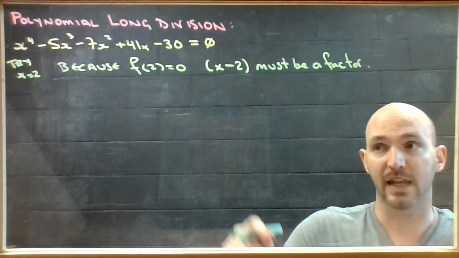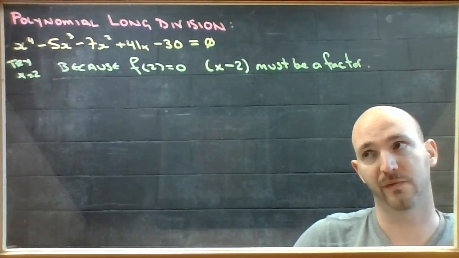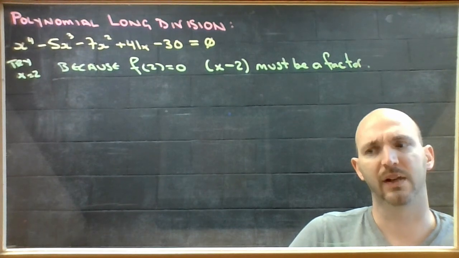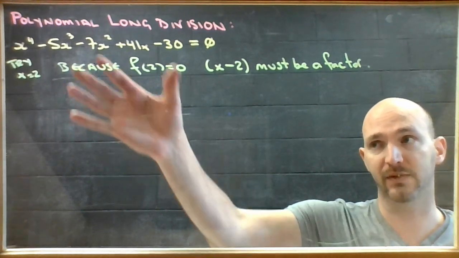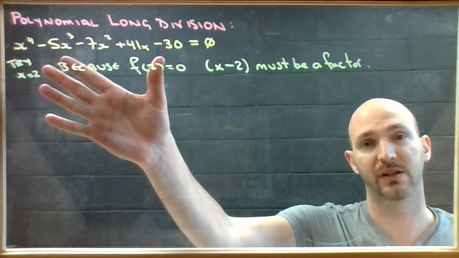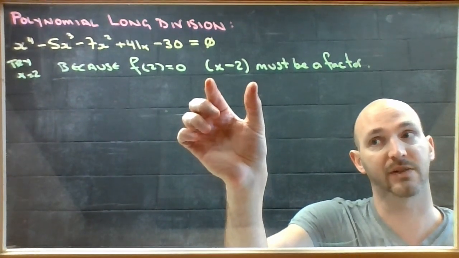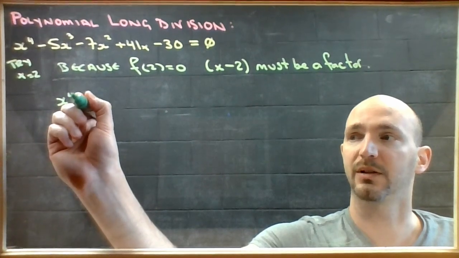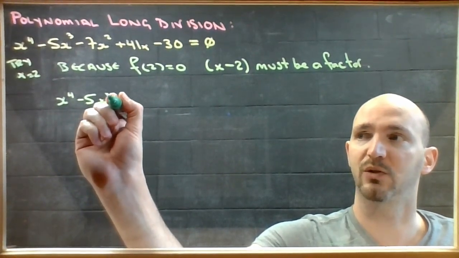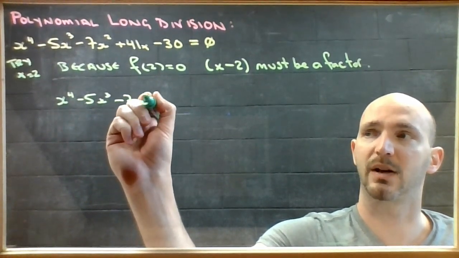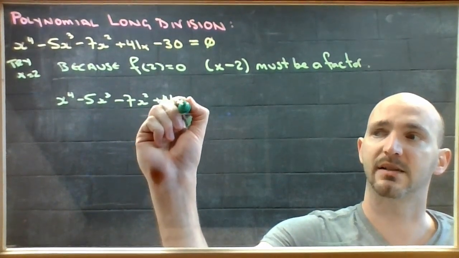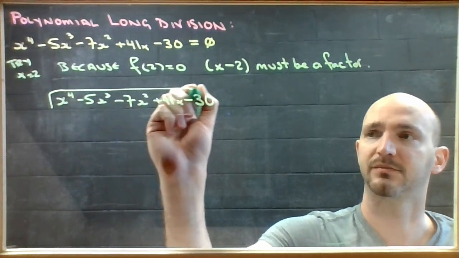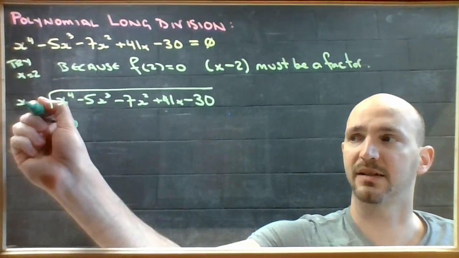Because if I divide it out, dividing a linear out of a power 4 should leave me with a cubic, and that's easier to work with. So in order to get that out of the way, I have to take this power 4 function and divide out this factor. So I'm going to set up the division. x to the 4 minus 5x cubed minus 7x squared plus 41x minus 30 divided by this factor of x minus 2.